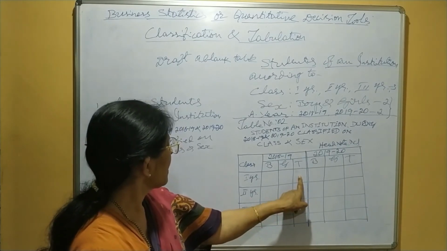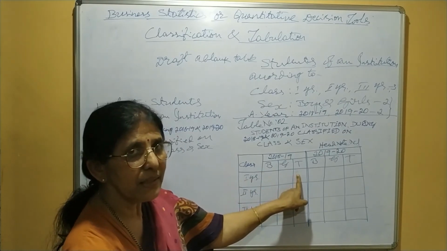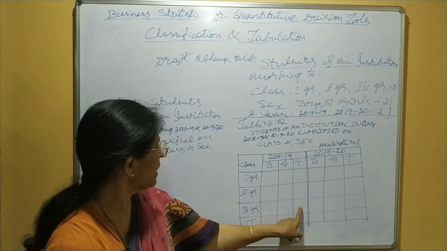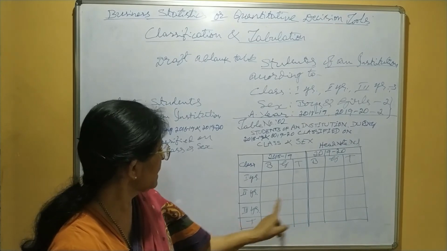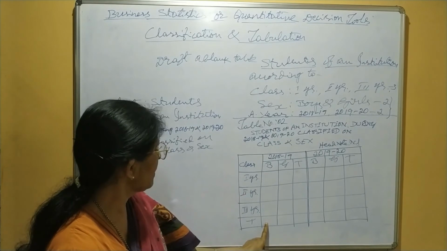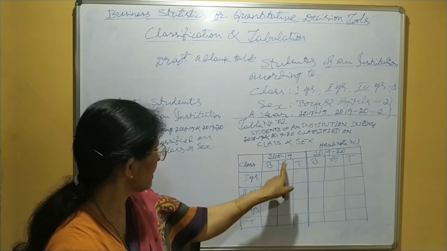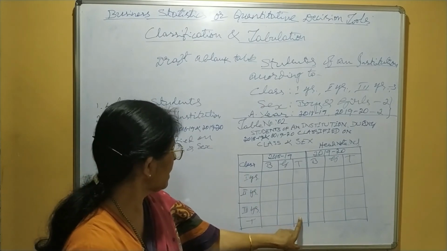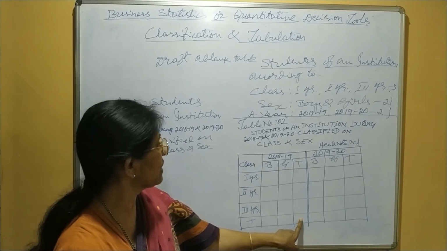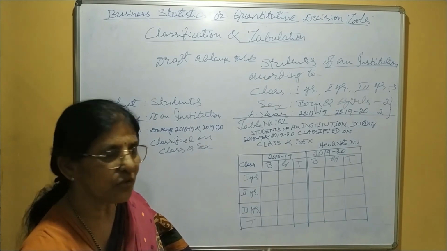Here number of students in first year, both boys and girls, number of students in second year, and number of students in third year. This cell denotes total number of boys of all the 3 years, total number of girls of all the 3 years, total number of students of the whole institution in the year 2018-19. Same in case of 2019-20.